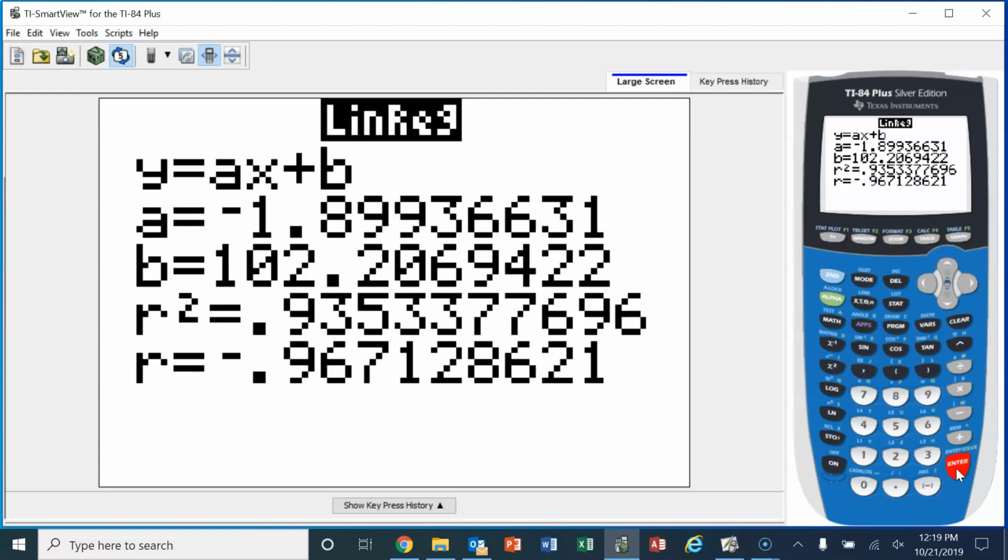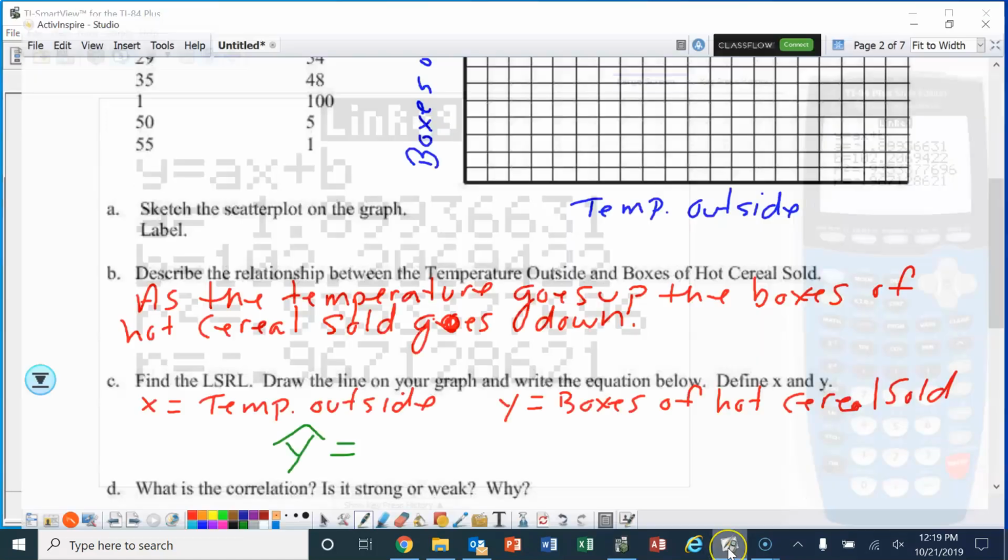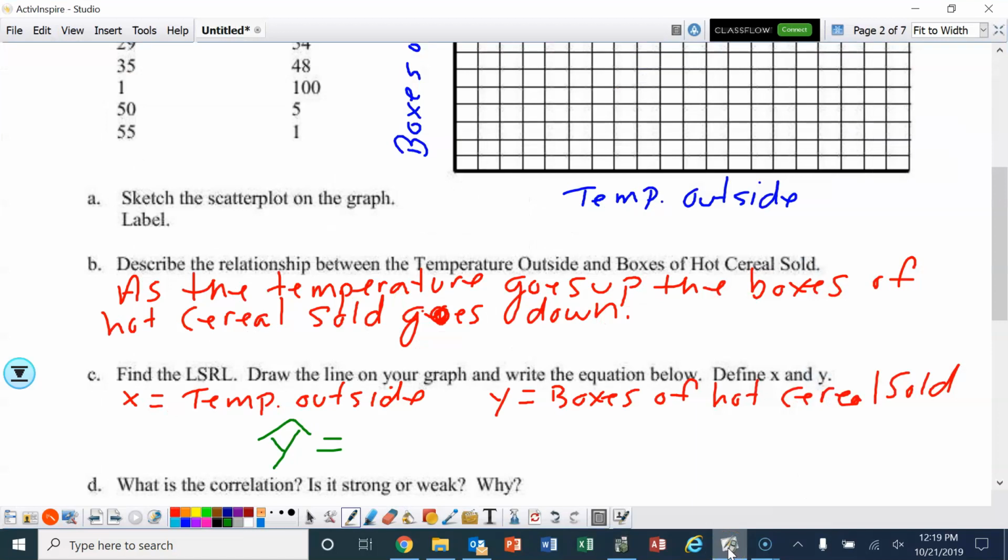All right, so we're going to do a little rounding on this. So here we go. Let's write down the least squares regression line, the line of best fit. So I'm going to round that to a negative 1.9x plus 102.2.